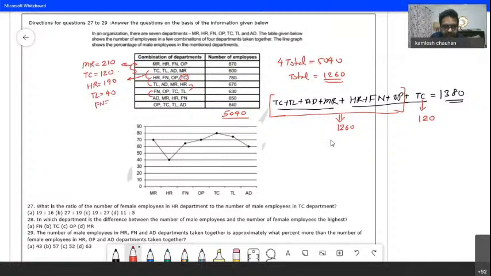So 1480 minus this, so 220. Here, which is coming twice, 80. AD is coming twice. The sum is 1490. 1490 minus this, so this will be 230. Last one, which one is remaining? OP. OP is 1510 minus this, 250. So is the logic clear, how we came up with these numbers?